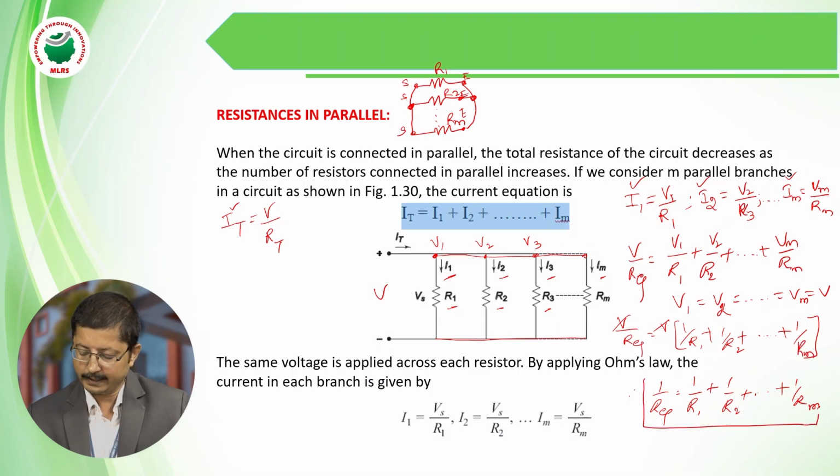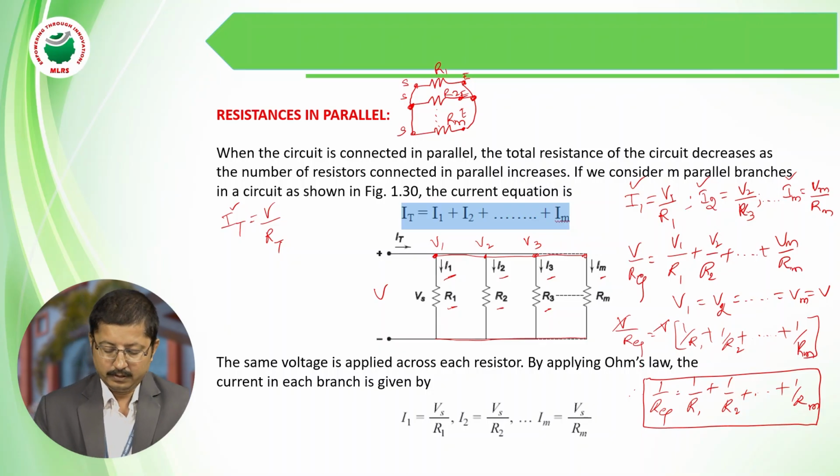So this is the general expression for equivalent resistance in parallel circuits. For example, if two resistors are connected in parallel, what is the equivalent resistance, that we will see now.